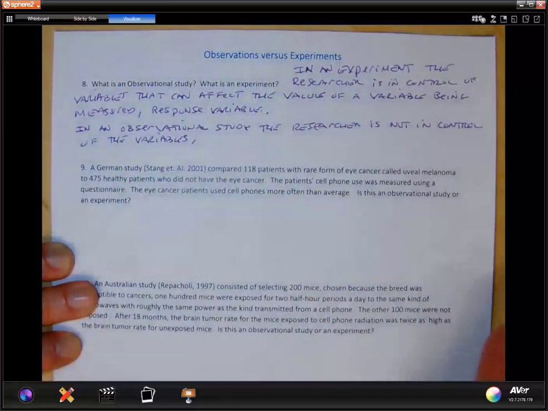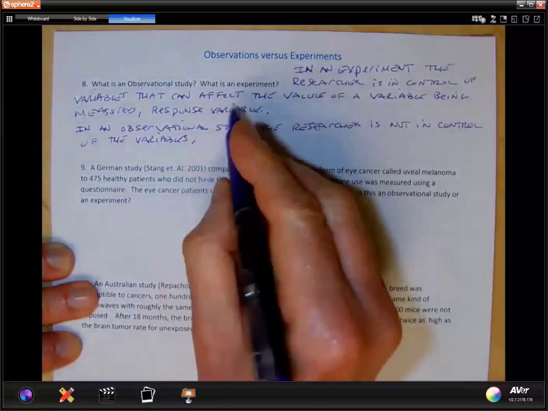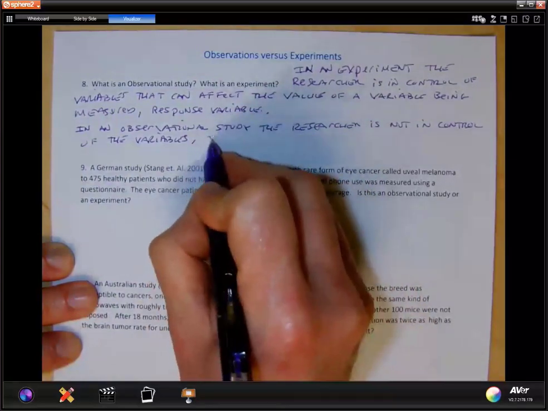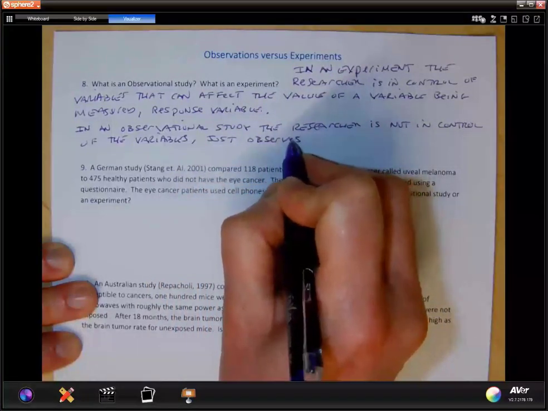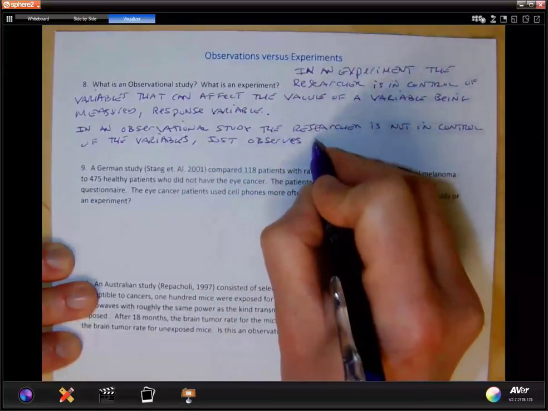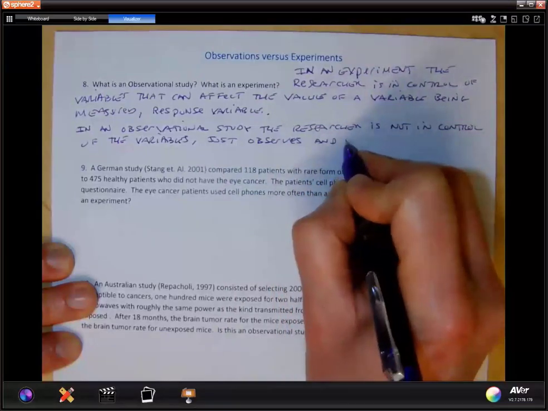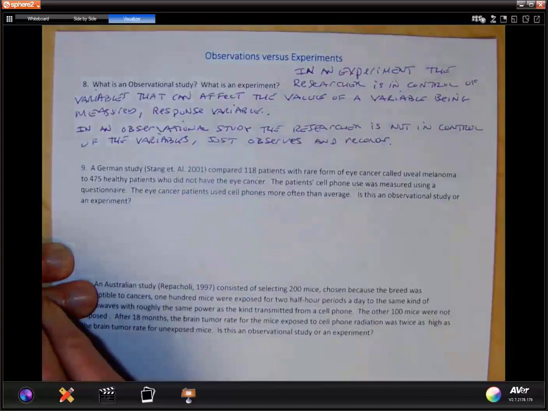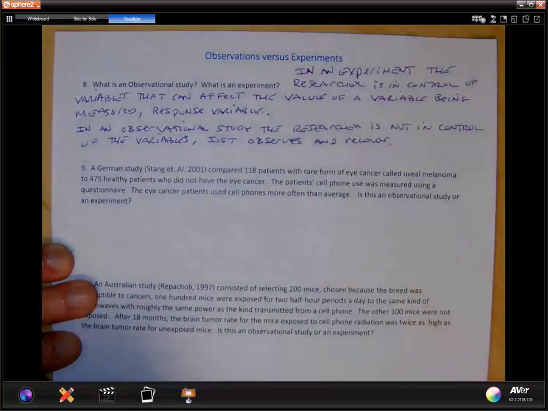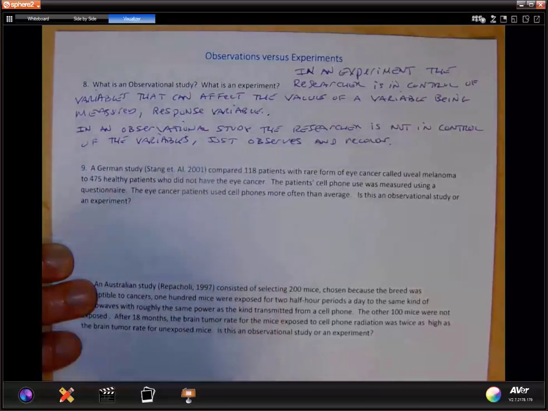So there's no controlling at all, no control factor, and instead just observes and records. For example, if I wonder what the weight is of certain individuals, I'm not in control of why that weight is the way it is. All I can do is measure the weights.